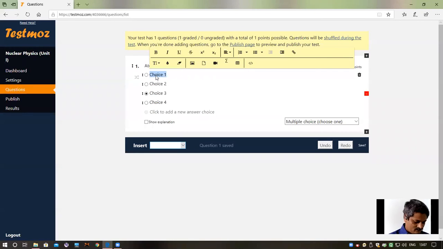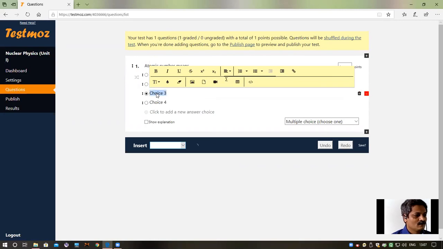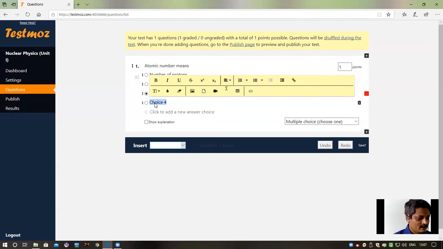Write first option, number of protons; second option is number of electrons; third option is number of neutrons; last option is number of atoms.